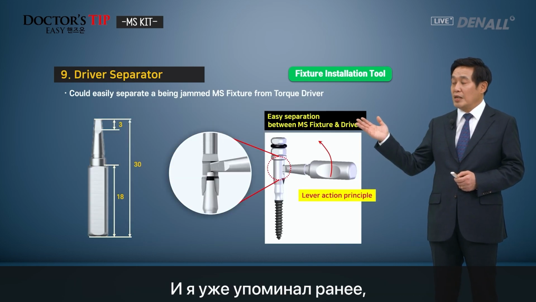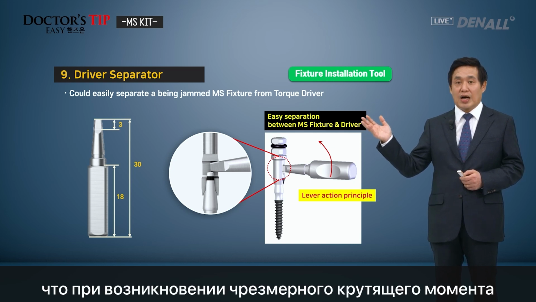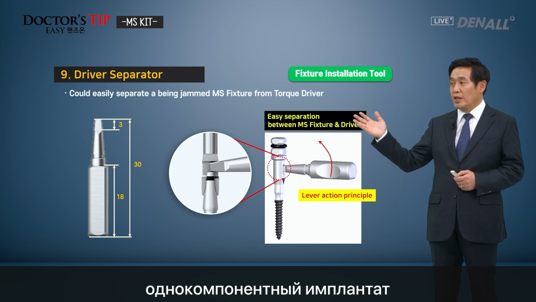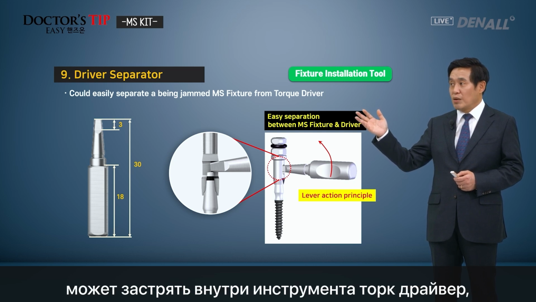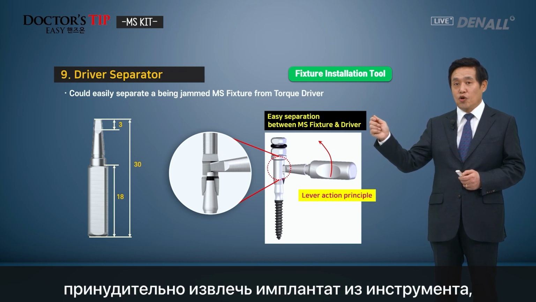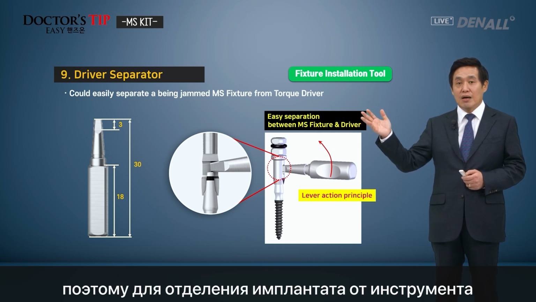And I said before, just in case, because it's a one body implant, if you have excessive torque, then with the one body implant in the torque driver, there could be jamming. And in case you have jamming, if you try to forcefully take it out, the one body implant's initial stability can be broken.